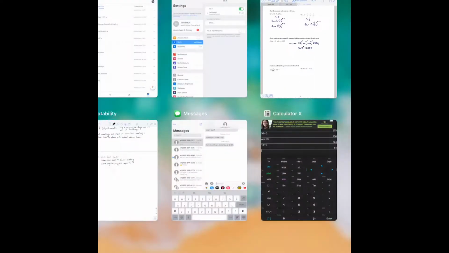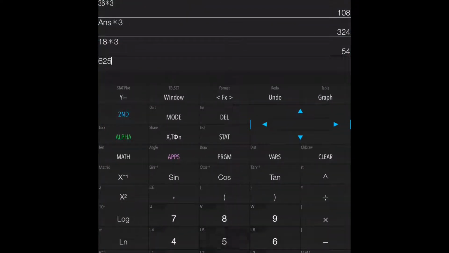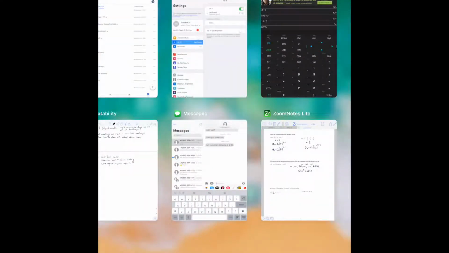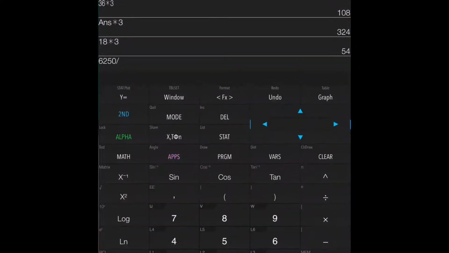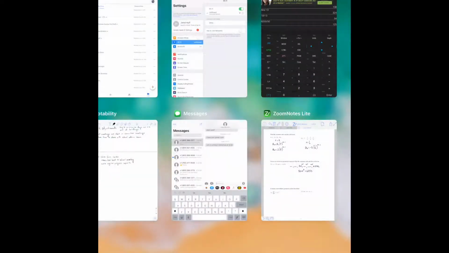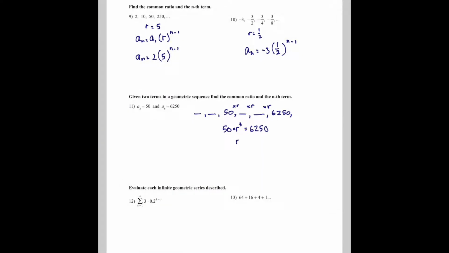If I divide 6,250 by 50, I get 125. So r cubed is 125. If I do the cube root of 125, I get r equals 5.